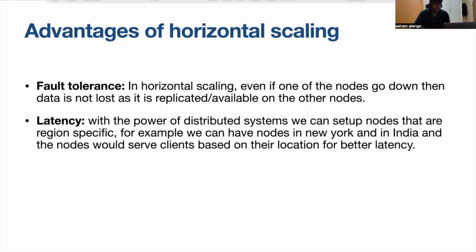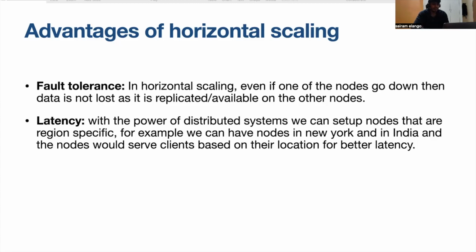And one other major advantage with horizontal distributed systems is latency. Even if you buy a very powerful machine and you're just vertically scaling your system, the network bandwidth will hit a cap very easily. But that is not the case with distributed systems.